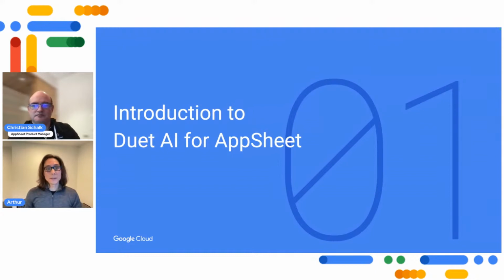That being said, each product, like AppSheet, has its own Duet AI. So for example, if you've heard of Duet AI for BigQuery, or if you've heard of Bard, another large language model, it doesn't mean that they're going to be available inside of AppSheet. Some of you have been asking, is Duet AI for AppSheet the same as Bard?